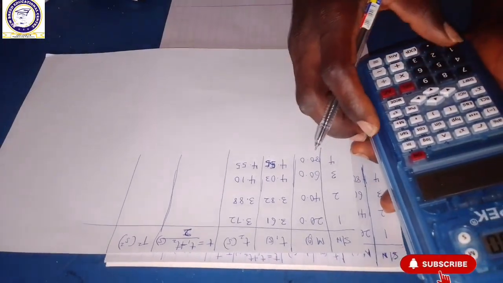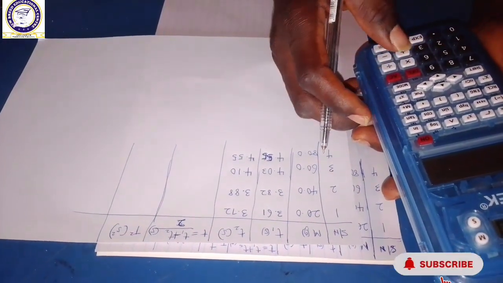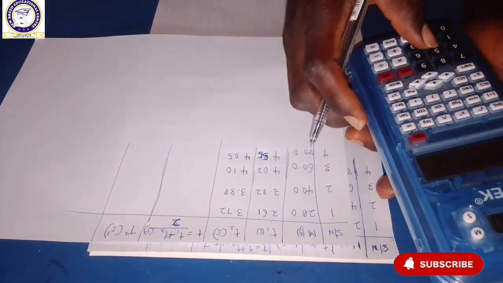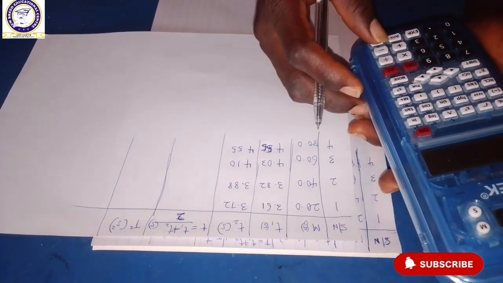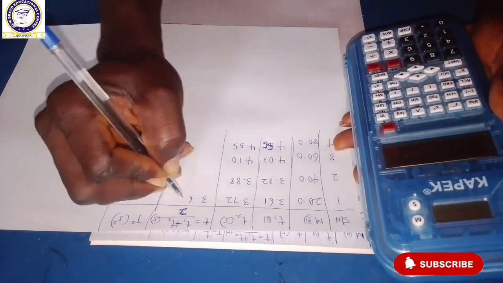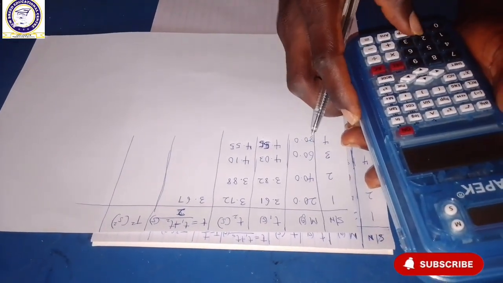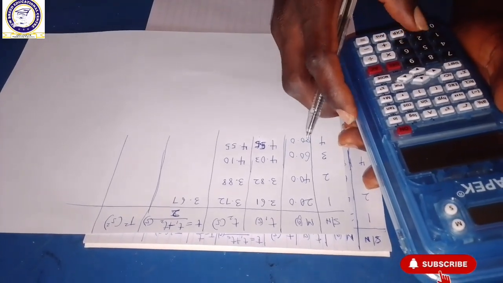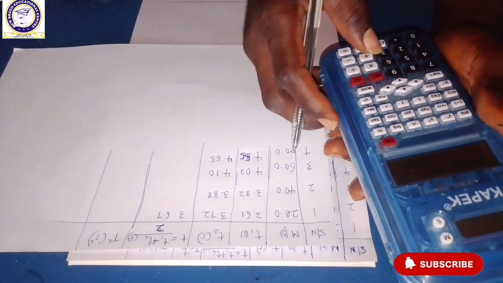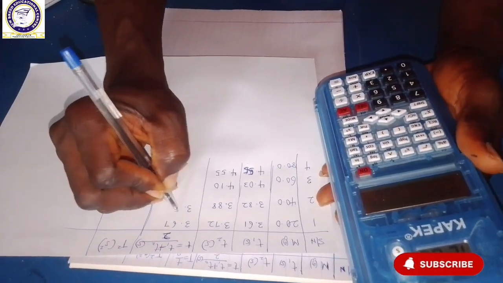3.61 plus 3.72 divided by 2. We have 3.67. 3.82 plus 3.88 divided by 2. We have 3.85.